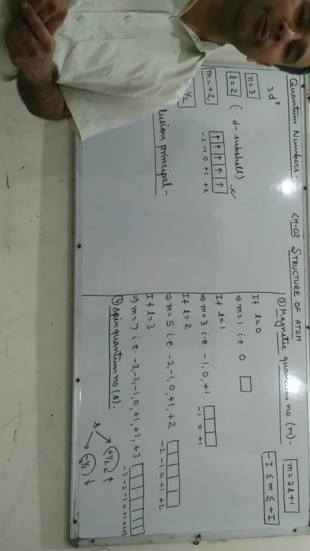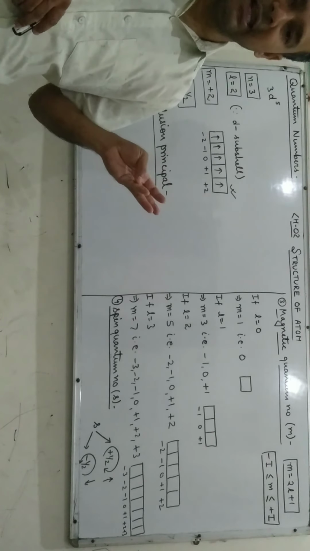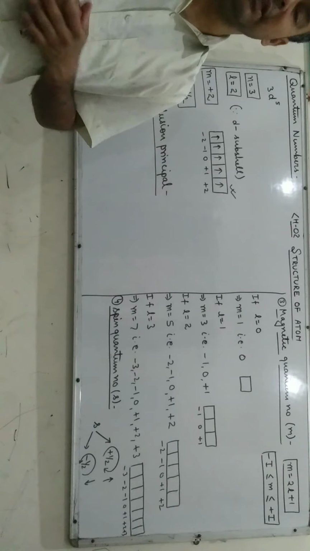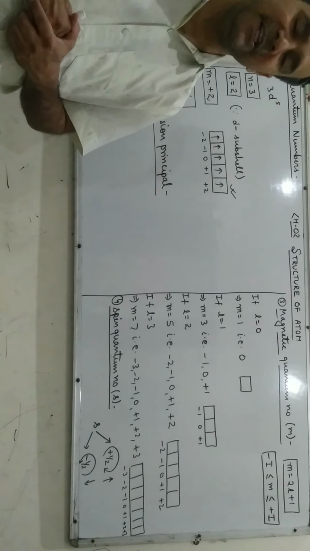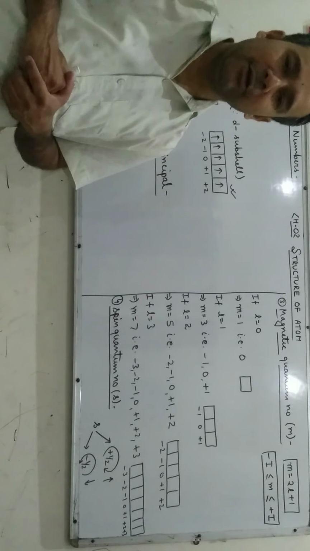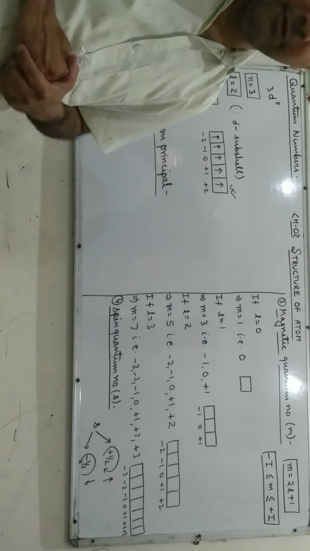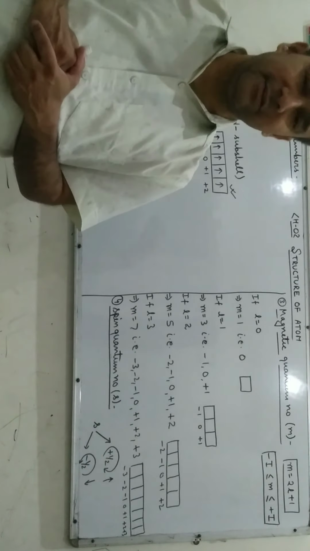If the values of n, l and m are the same, then the value of s must be different. That is, for the first electron it is plus half and for the second electron it is minus half. It is Pauli's exclusion principle.